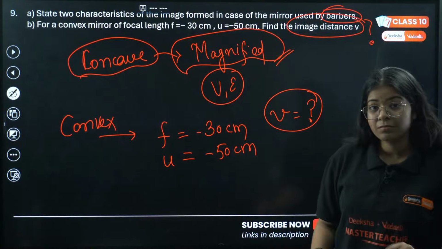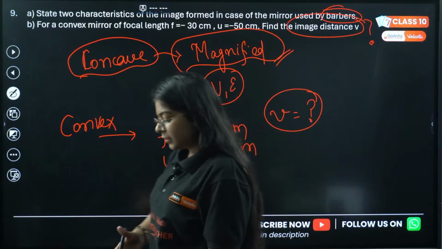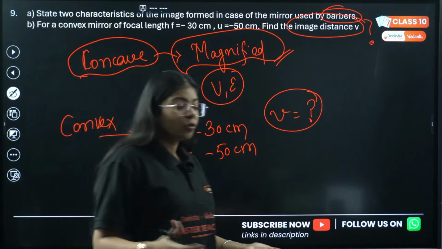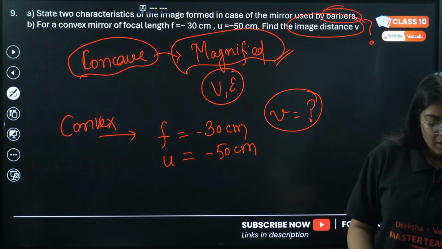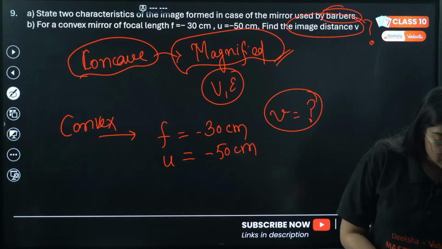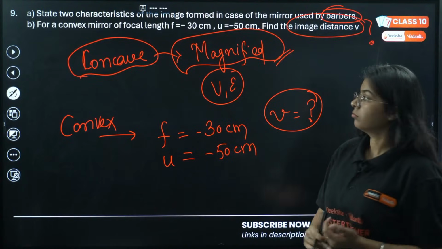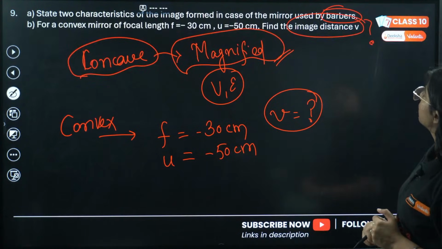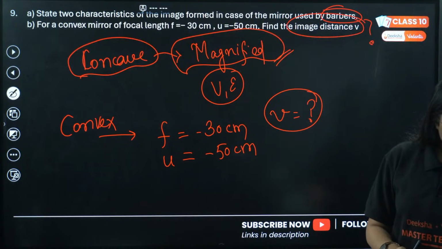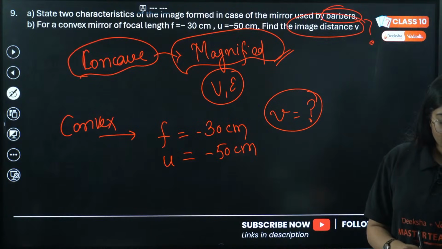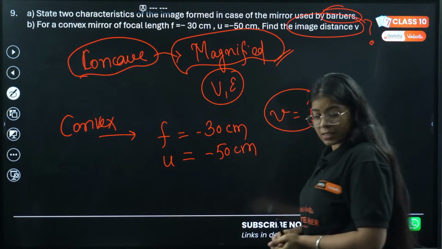Let me know if I explained it well or not, right? 300. Lakshit is saying 300. Is that correct? Everyone else, is Lakshit correct? Is 300 the answer for this question?